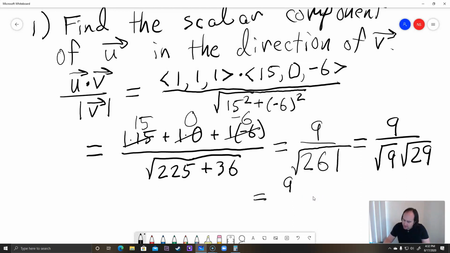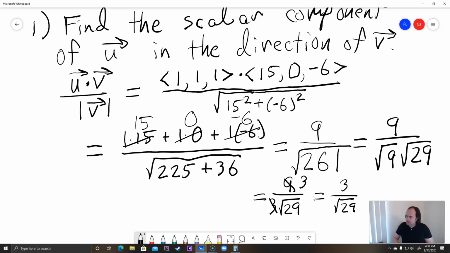So on the top we have 9, on the bottom we have 3 root 29. And root 29 you can't simplify, because it's, I believe, a prime number. But we can do 9 divided by 3, and that's going to give us a 3 on the top. So we get 3 over root 29 as our answer.